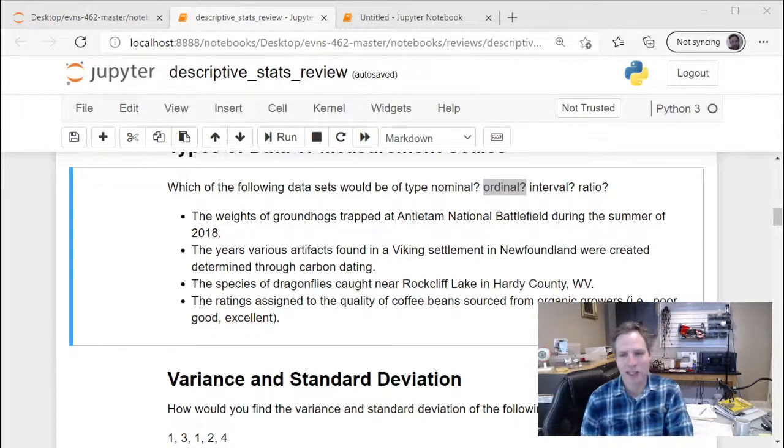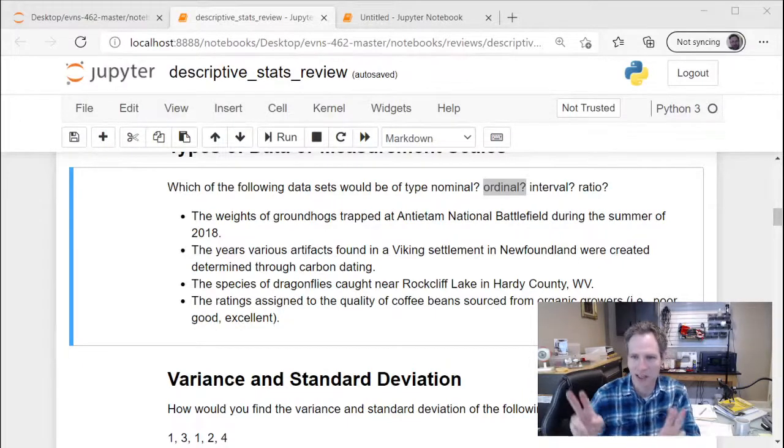Okay, so on the exam, I'm going to give you examples of data sets, just like I did here. And what I want you to be able to do is tell me what the data scale, the measurement scale of those hypothetical data sets are. Nominal, ordinal, interval, or ratio.